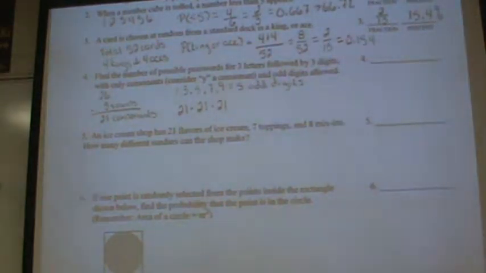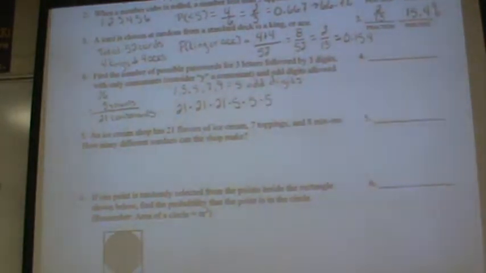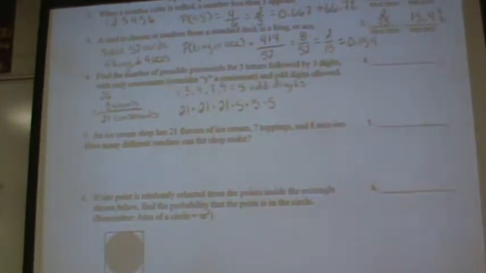So this is a fundamental counting principle question. So we have 3 letters followed by 3 digits with the consonants and the odd digits. So for our letter choices, we have 21 choices for our 3 letters each time. And then we have 5 choices for our odd digits each time. So we're going to have 21 times 21 times 21 times 5 times 5 times 5.